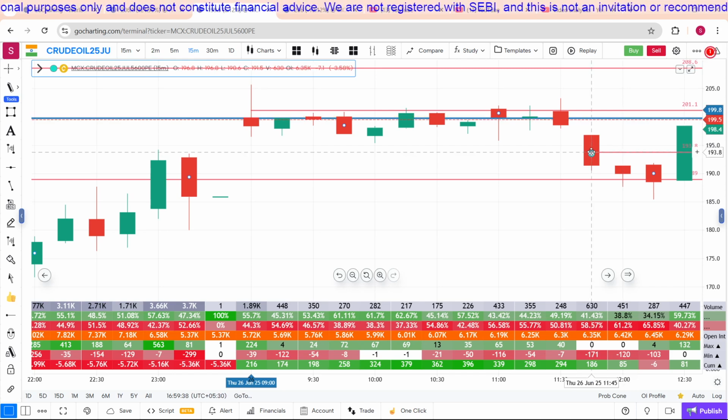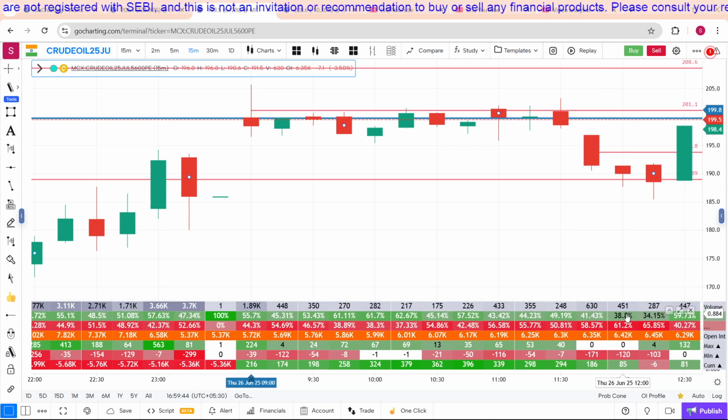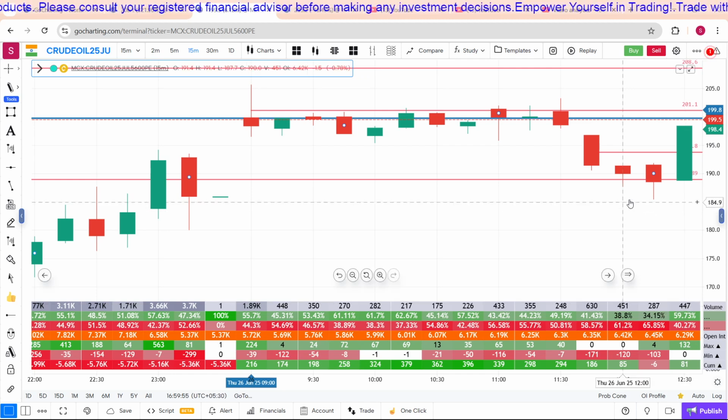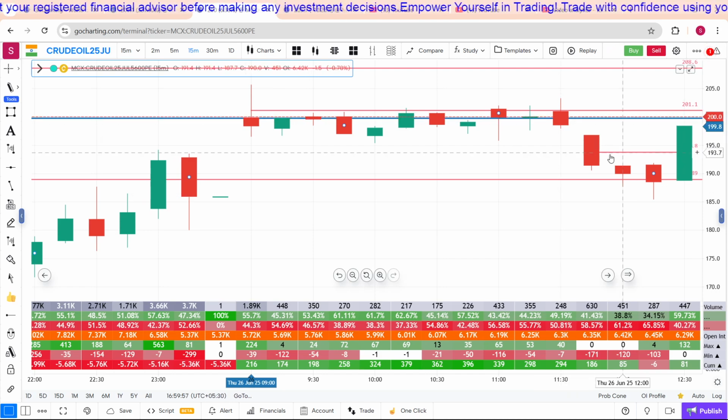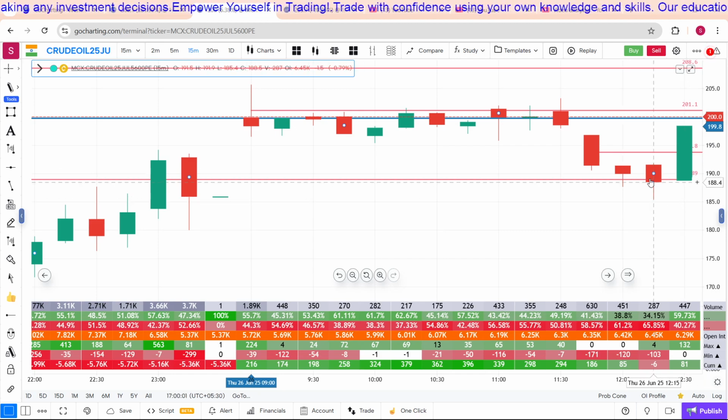We need a candle with a good volume. If it is more than 630 contracts, very good. Otherwise, compared to the preceding candle, it should have double the quantity, or 1.5 times, something like that. And here, unlike these two red candles, some sort of buying is there. Here also some buying.